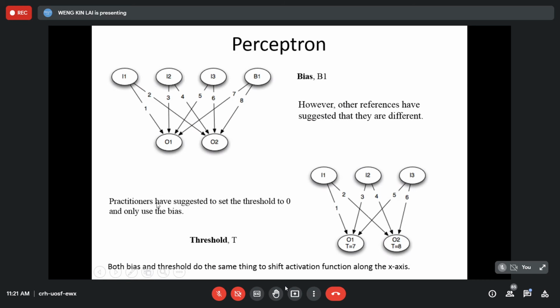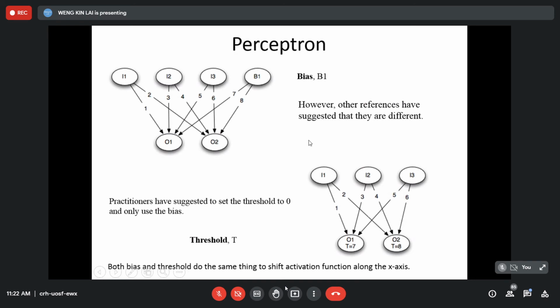However, practitioners, meaning people who actually use the perceptron, have suggested to set the threshold to theta and only use it as a bias based on the threshold. So both bias and threshold do the same thing. It shifts the activation function along the x-axis. So this is another way of looking at it when you have your threshold and your bias.